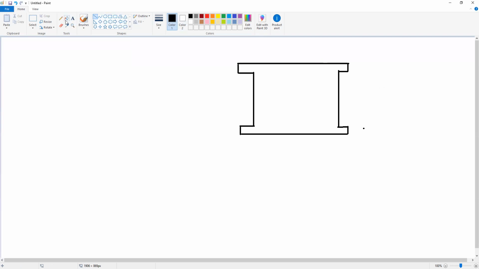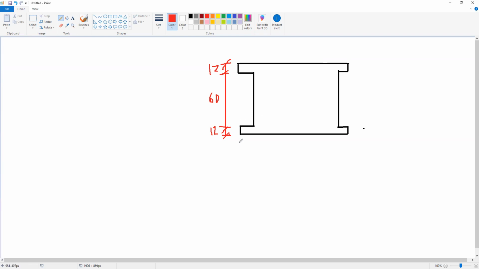The dimensions of this cross section are 60 millimeter, 12, and 12.